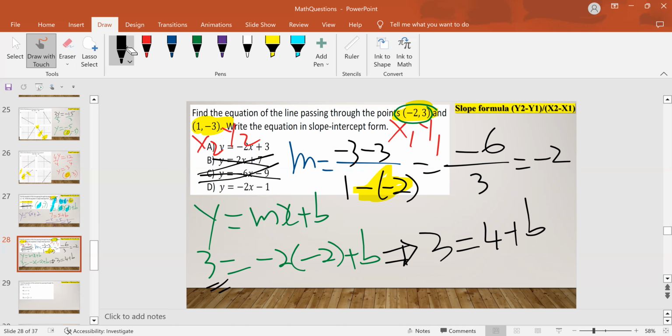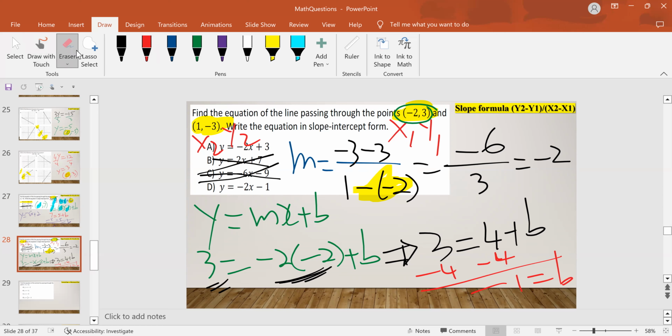Where did the 4 come from? -2 multiplied by -2. So to solve for b, I subtract 4 on both sides. So I have -1 is equal to b. So the choice with -1 as b and -2 as the slope will be the correct choice, which is the last one here, D.